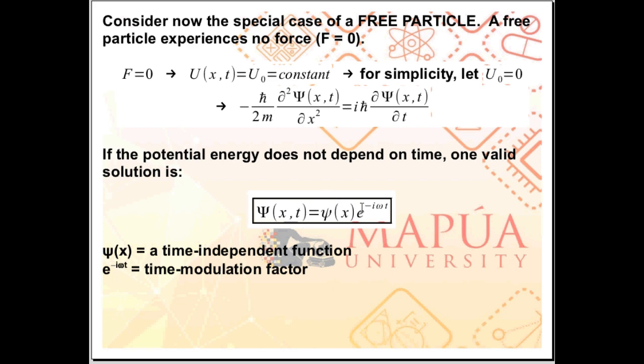One thing you will notice with regards to small psi, if we go back to the previous equation, on the left side, we are differentiating psi with respect to x 2 times. Whereas on this side, we are differentiating psi with respect to time.